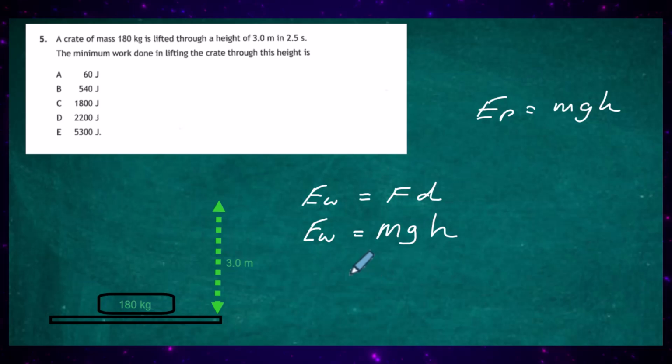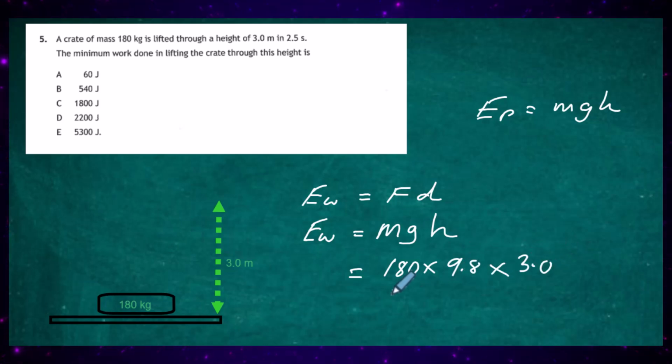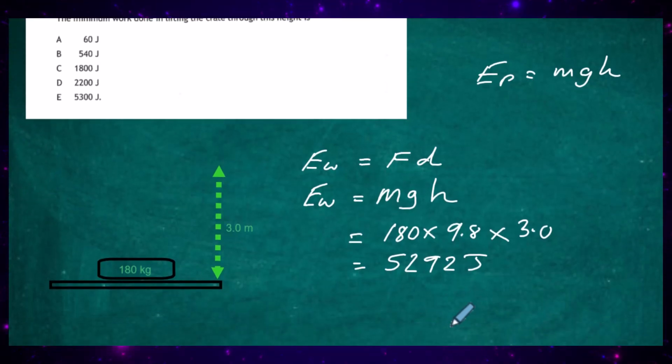So let's work out the work done in lifting this up. The mass is going to be 180. g for Earth is going to be 9.8, and the height for lifting up is 3 meters. So we get the following answer. We plug that into a calculator. We get 5292 joules of energy. Now we have to put that into significant figures.